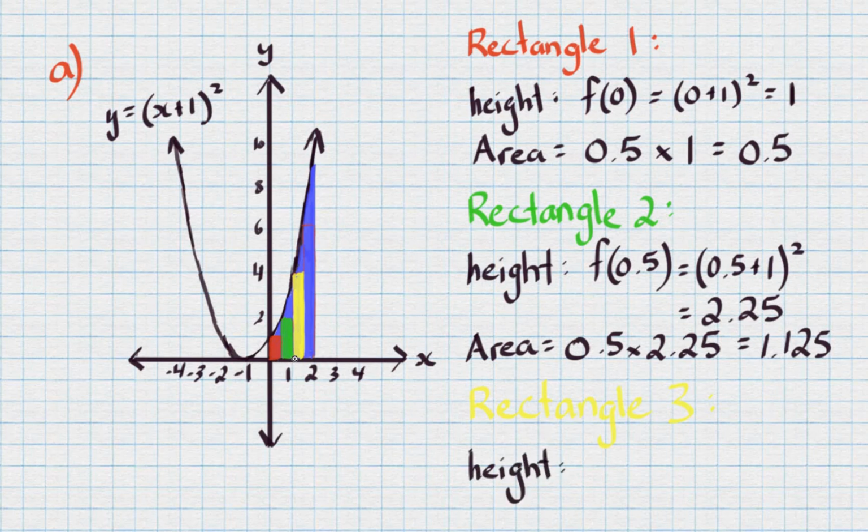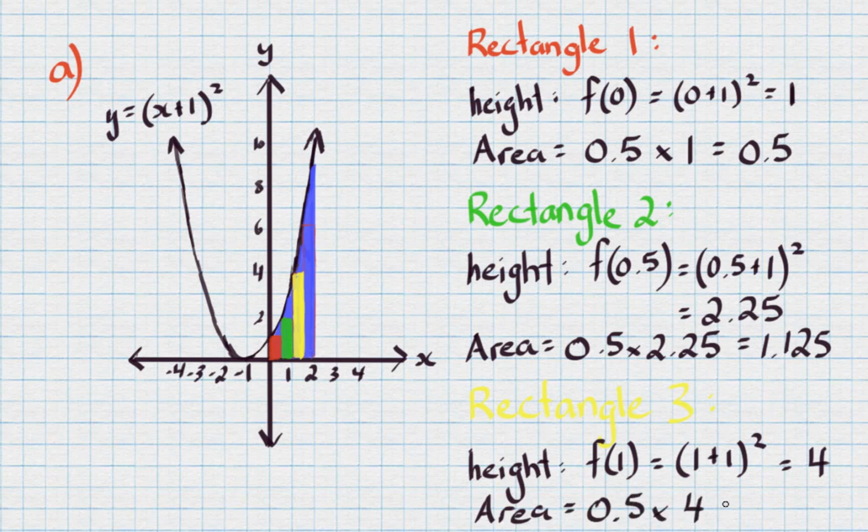So it's at x equals 1 for this third rectangle, so we're going to substitute in 1, and we get 1 plus 1 all squared, which is equal to 4. 2 squared is 4. So our area for this rectangle is 0.5 times 4, which is just 2 square units.